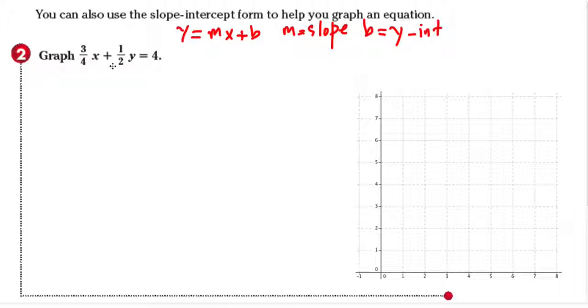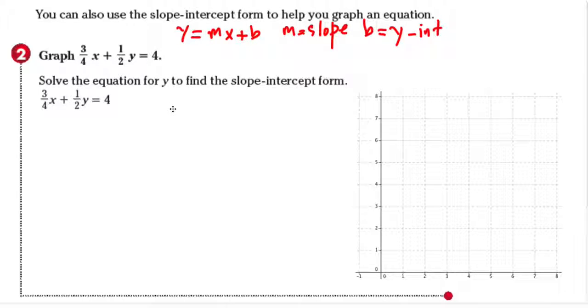So we want to put it in this form: y equals mx plus b. You have 3/4 x plus 1/2 y equals 4. First, we want to solve the equation to find slope-intercept form, just copying the equation. Then we subtract 3/4 x from both sides, because we want to isolate y.